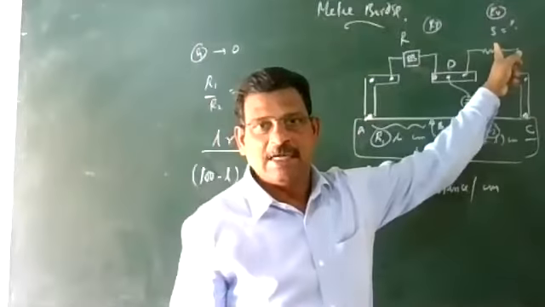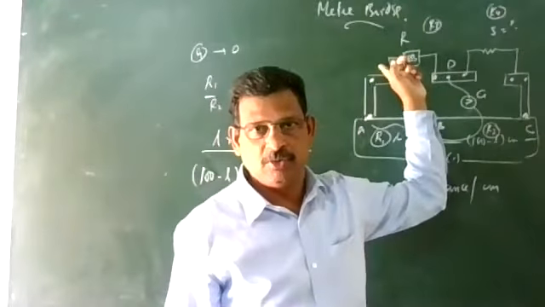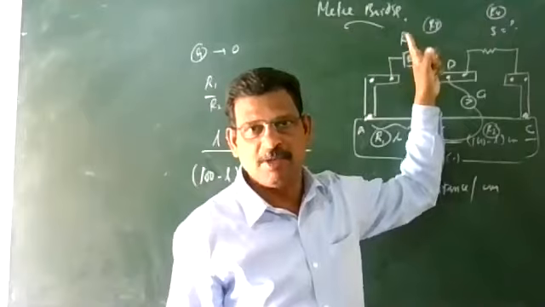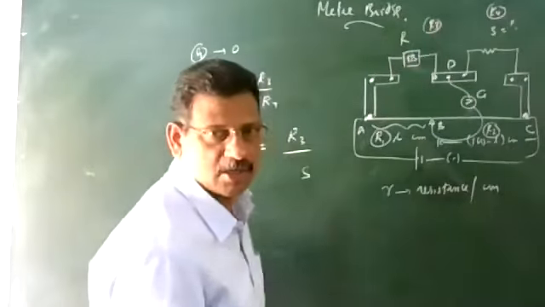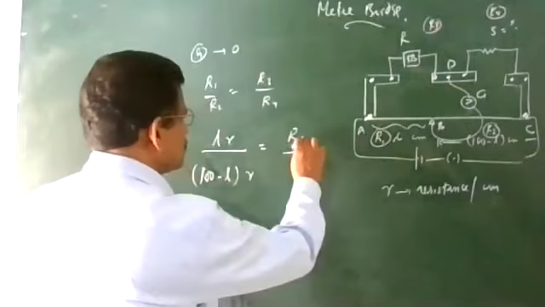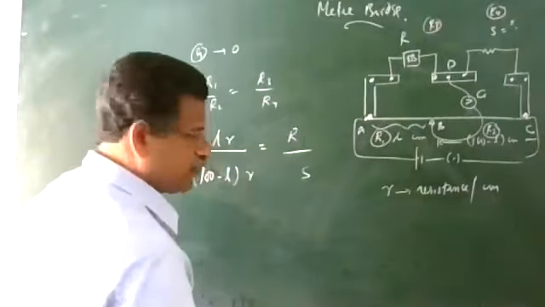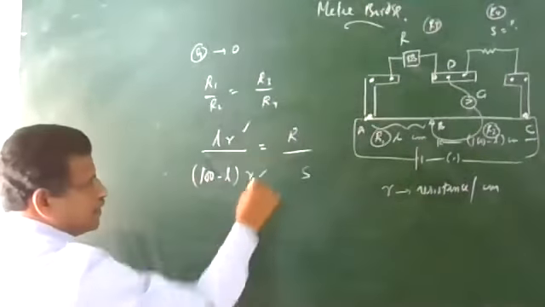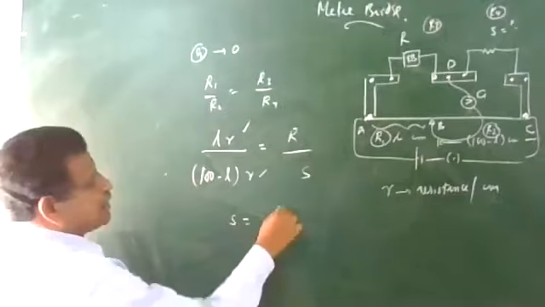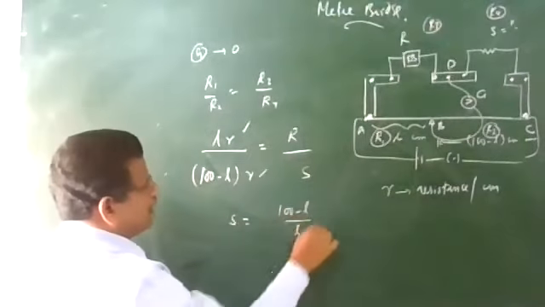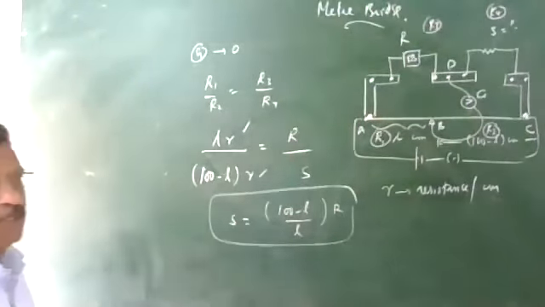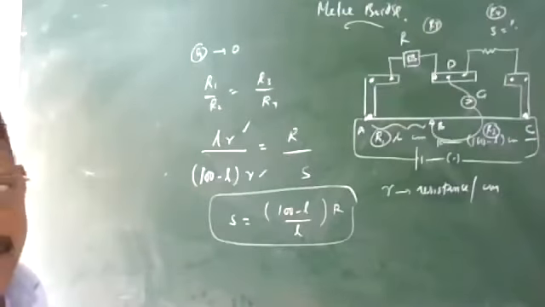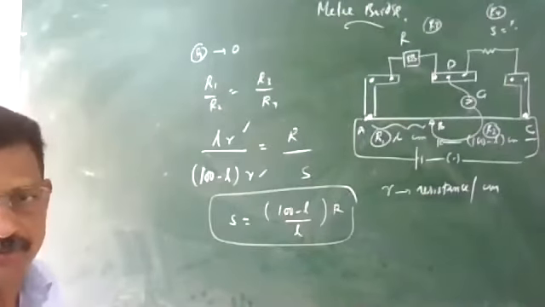You can connect the unknown resistance to the left gap also. When it is in the left gap, this will be R3. When it is in the right gap, it is R4. Locations are important as per the diagram. So we want to find the value of S from here. S is equal to (100 minus L) divided by L into R. So this is the equation for finding the unknown resistance using the meter bridge.